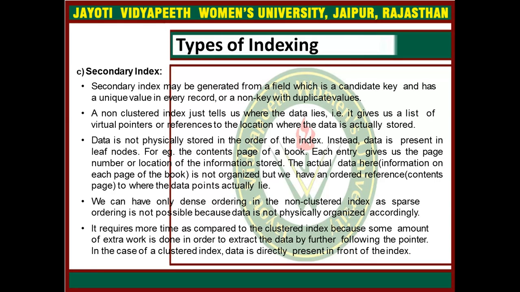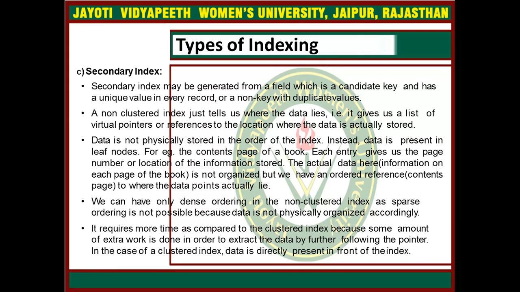Now the third one is the secondary index. Secondary indexing may be generated from a field which is a candidate key and has a unique value in every record, or a non-key with duplicate values.